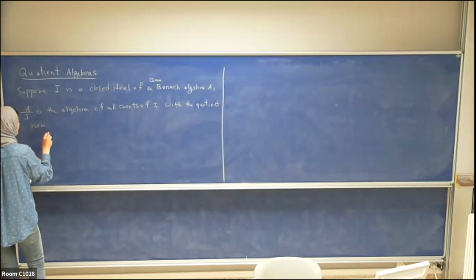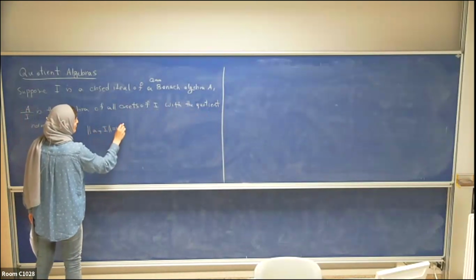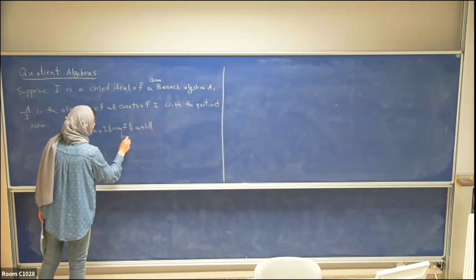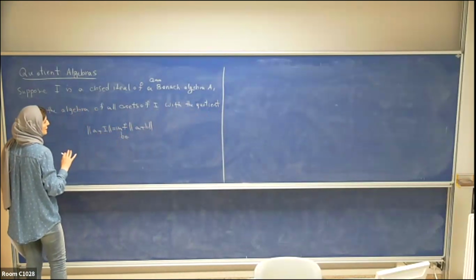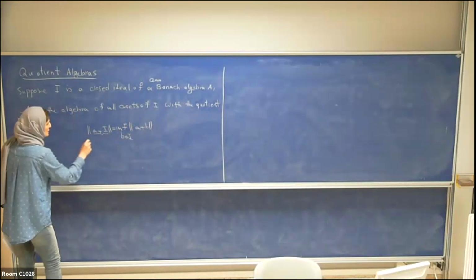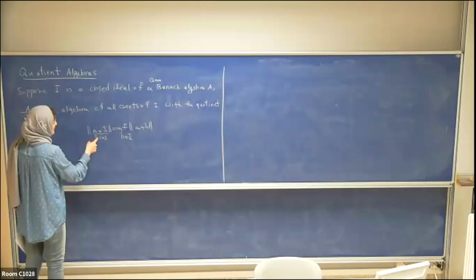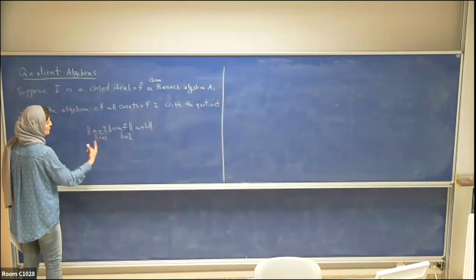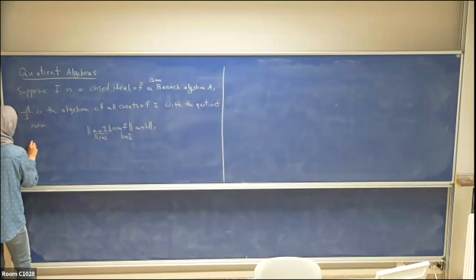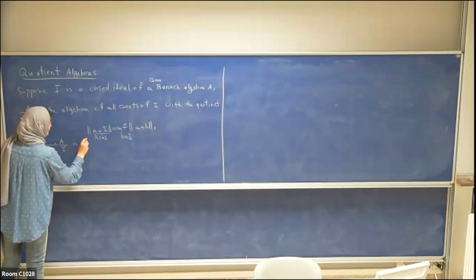Which is defined as follows: the norm of a plus I is the infimum of the norm of a plus b, where the infimum is over all elements b in I. And usually we use P of a instead of a plus I, and P is the quotient map from A onto the quotient space.